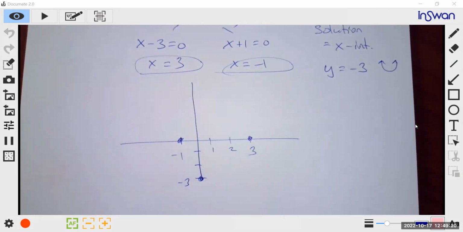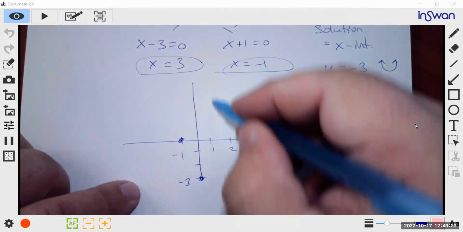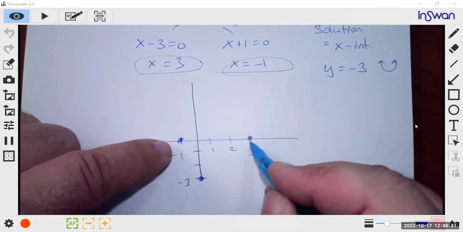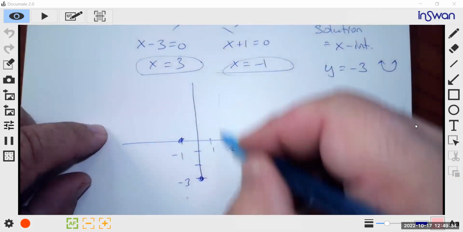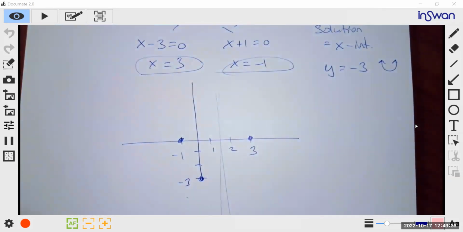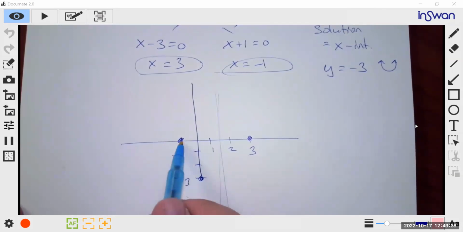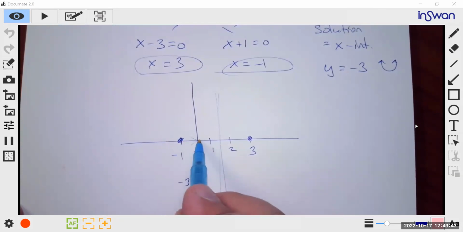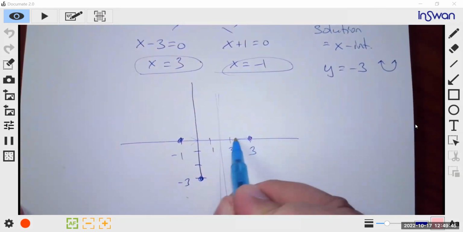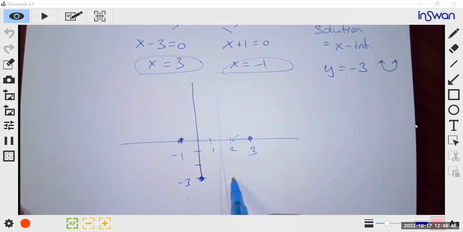But because it's a parabola, it's symmetric, a mirror image. Somewhere between these two x-intercepts has to be the vertex, halfway between them. So if I go to the right of the axis of symmetry, over 1, down 3, that means I go to the left 1, down 3, and I have another point, because it's symmetric.